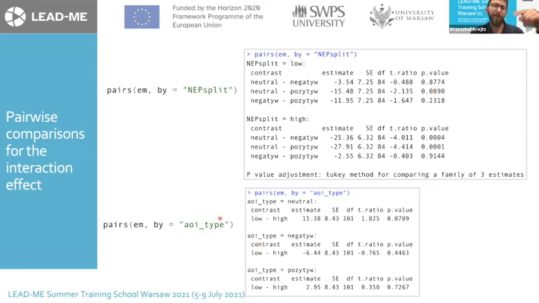If you would like to compare it in a different way, by splitting it by AOI type, it gives you such a table. So you have the difference in average fixation duration between people with low and high NEP while looking at neutral pictures, not significant. While looking at negative pictures, not significant, and while looking at positive pictures, not significant.